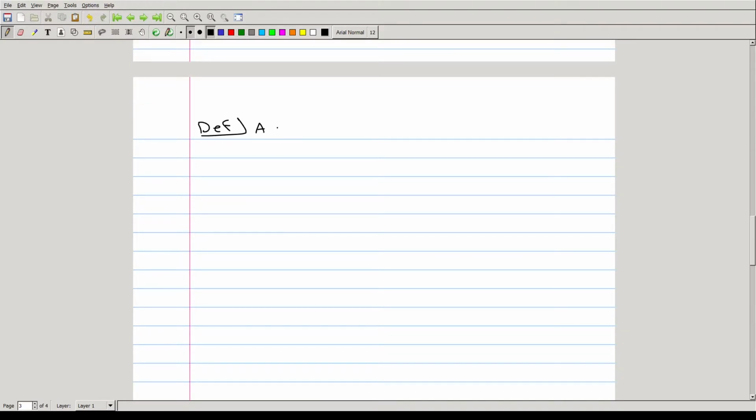So take functions f and g, our functions as above, defined at the beginning of the lecture.